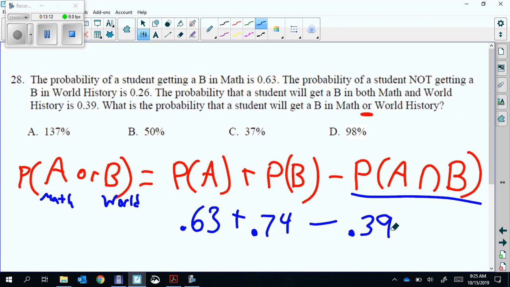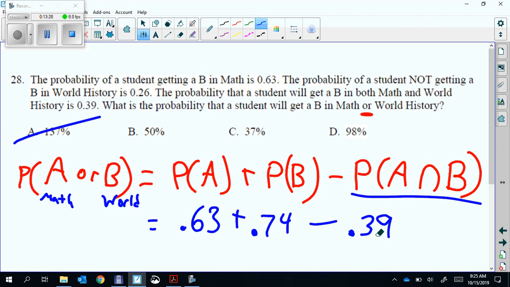So there's our equation, our numbers in it, so that's all we have to do. 0.63 plus 0.74 minus 0.39. Obviously, it's not over 100%. Right?